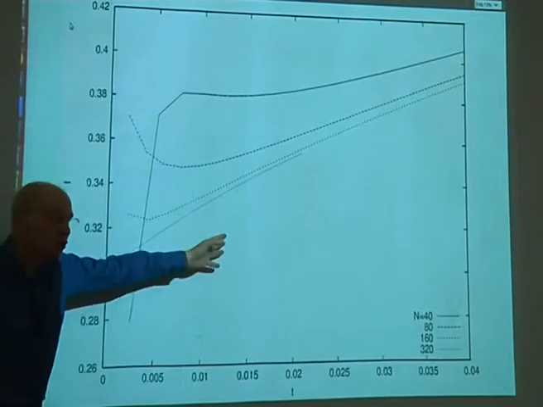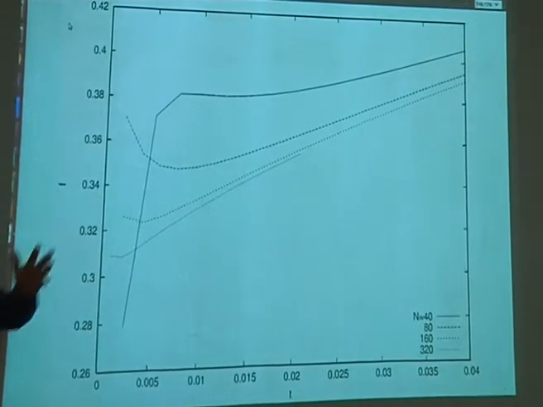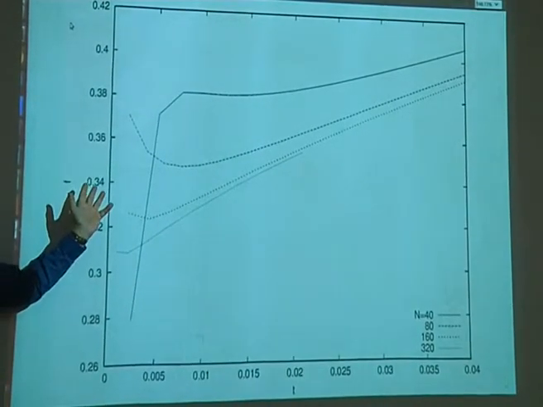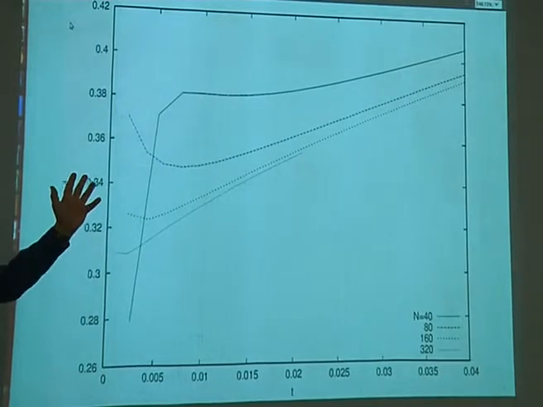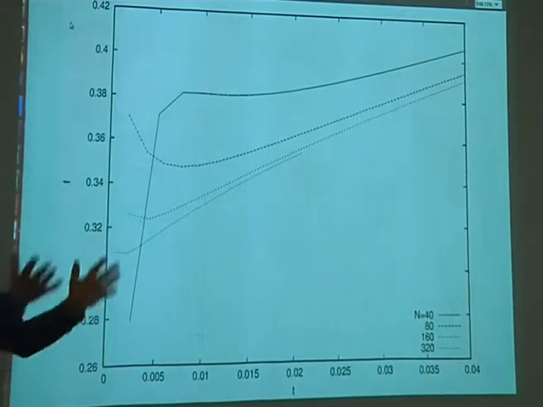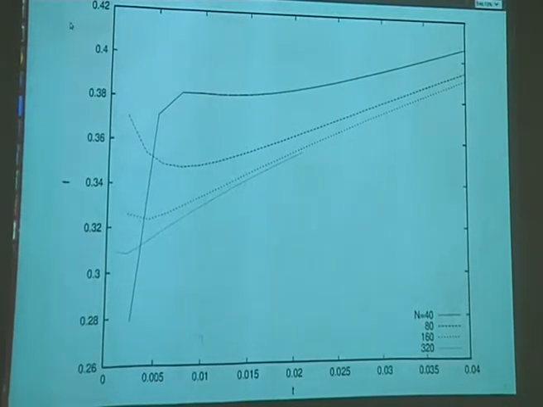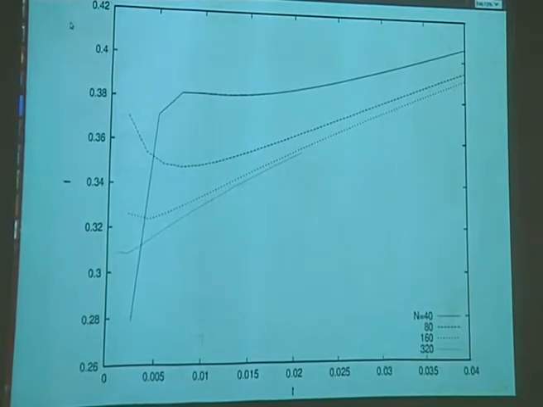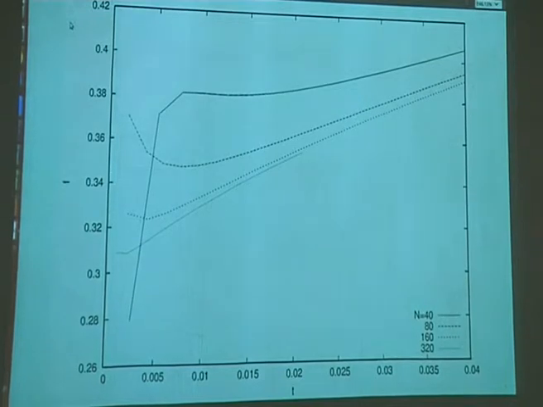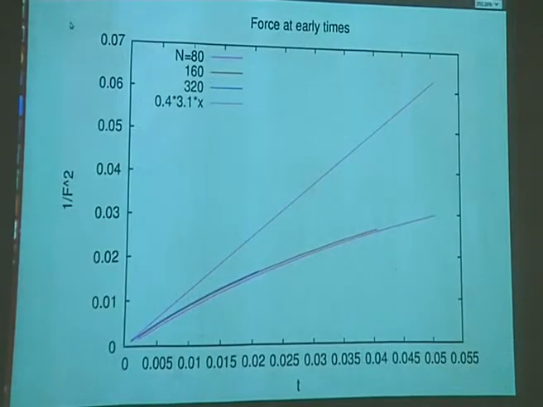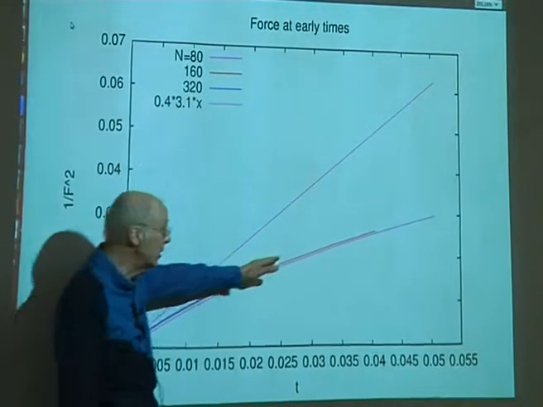And you see as I try to get to t equals 0, my solutions blow up. So had I listened to myself now, what I would have plotted is 1 upon the force squared, which is what I did 10 minutes ago. And you see the curves are beautiful. You can see that all the curves are nicely behaving.